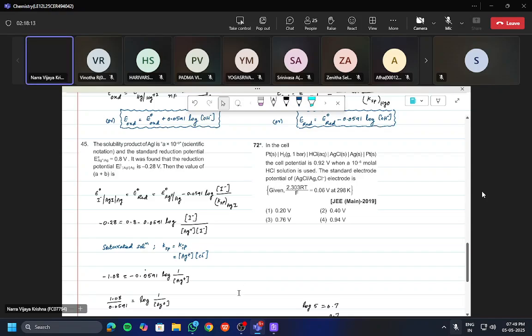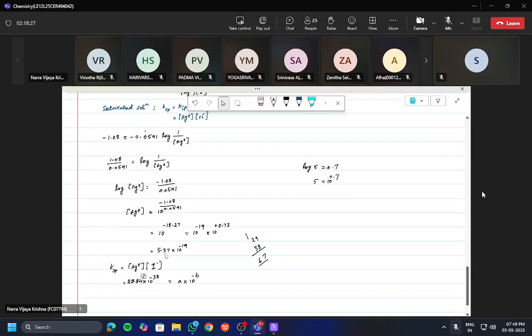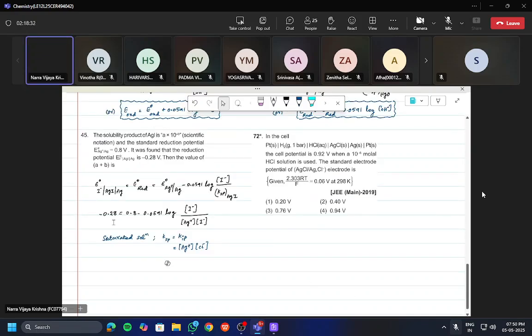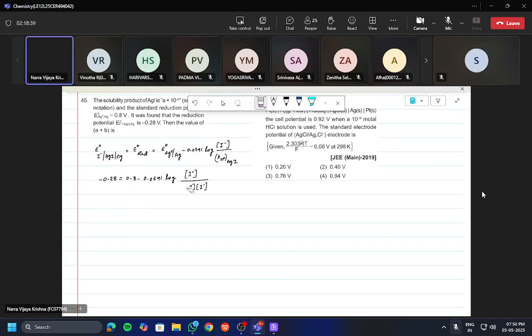Let me assume the I minus concentration as 1, because they are saying something like standard. If they want a standard, at standard conditions we can assume the concentration of I minus to be 1 molar. If I consider that concentration of I minus as 1 molar, then what will be this value? 1 upon Ksp of AgI, right?